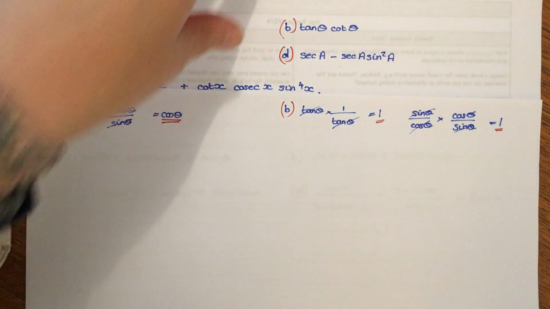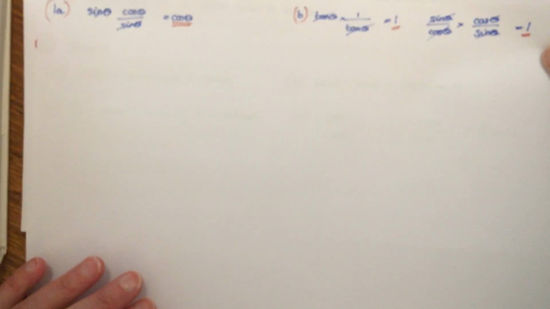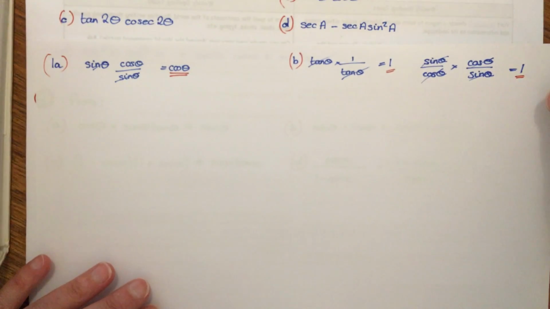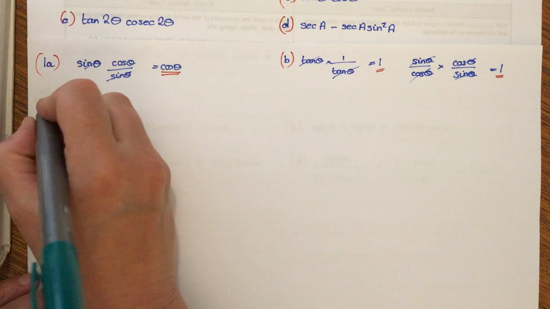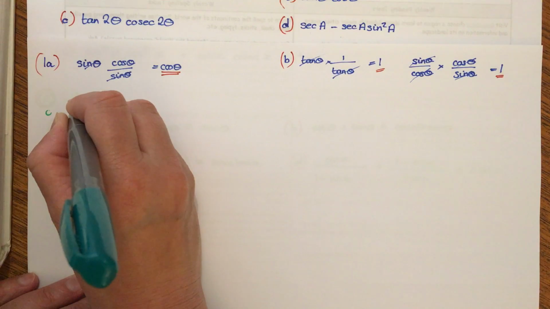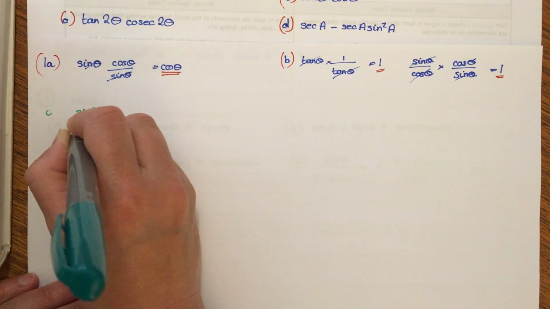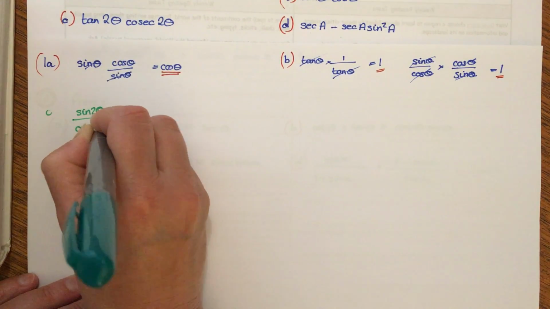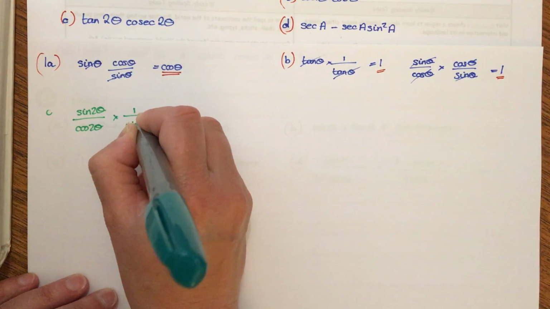Okay, for part C, we've got tan 2 theta, cosec 2 theta. So tan 2 theta is sine 2 theta over cos 2 theta, and cosec is 1 over sine, so 1 over sine 2 theta.